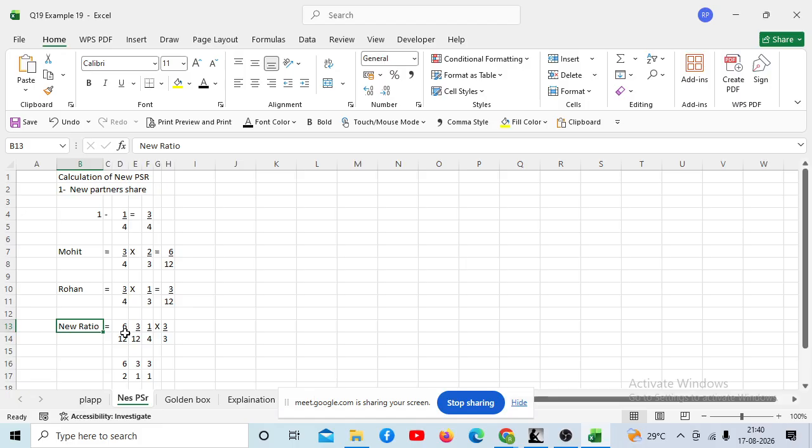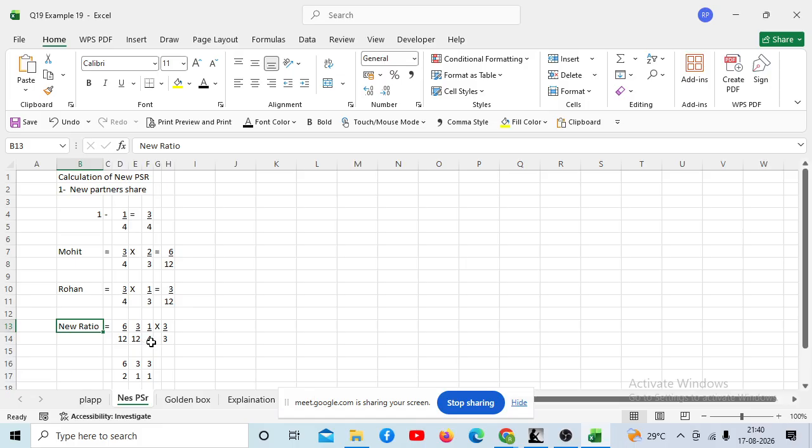Now see, what will be the new ratio? This is 6 upon 12 for Mohit and 3 upon 12 for Rohan, right? And now what is the new partner's share? It is 1 upon 4. Now here it is 12, here it is 12, so here also it should come 12.